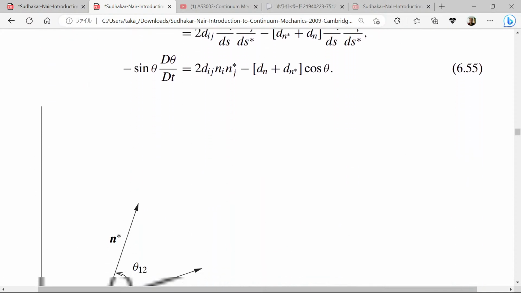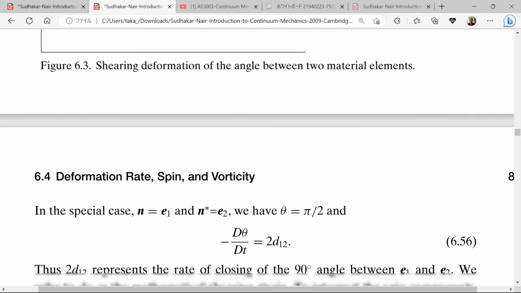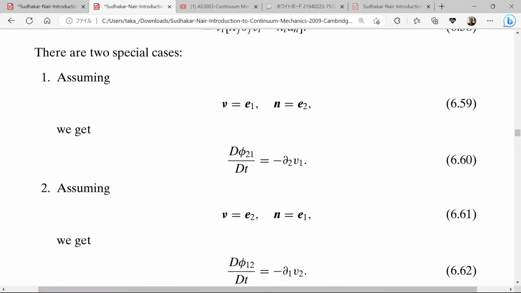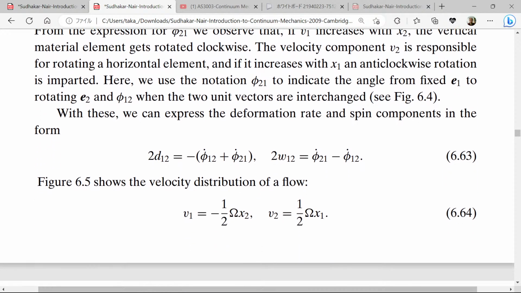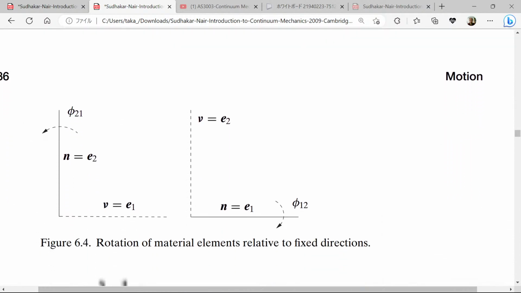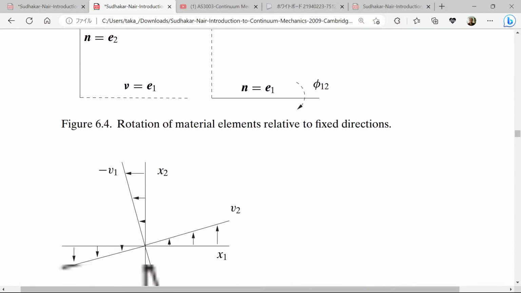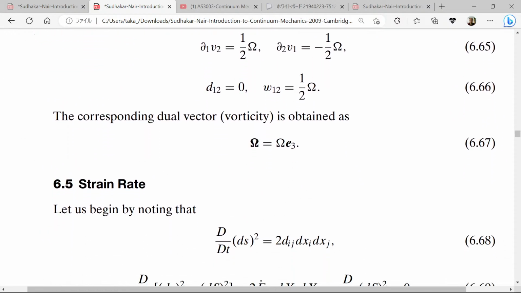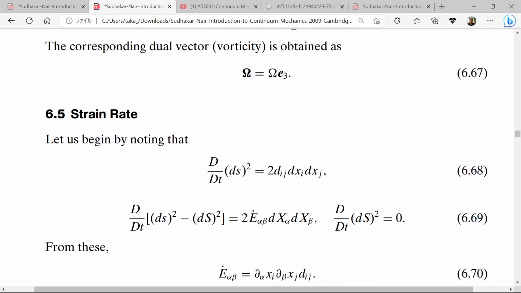This is too complicated, right? Strain rate.